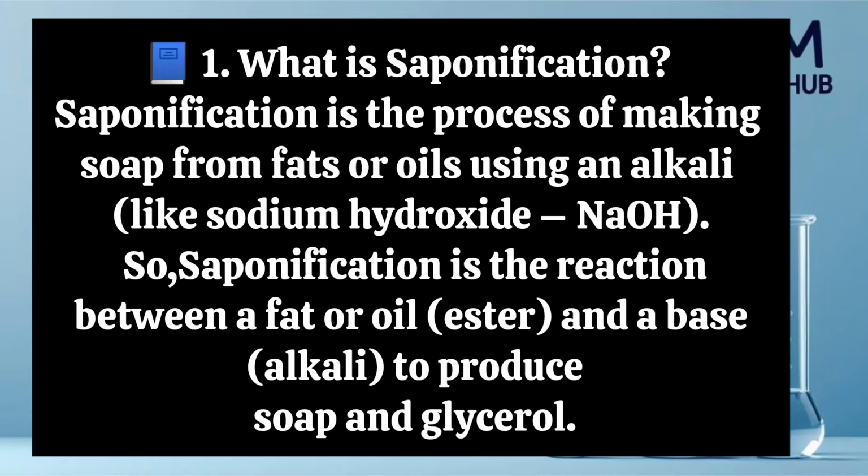Saponification is the process of making soap from fats or oil using an alkali like sodium hydroxide. In simple words, saponification is the reaction between a fat or oil and a base to produce soap and glycerol or alcohol.